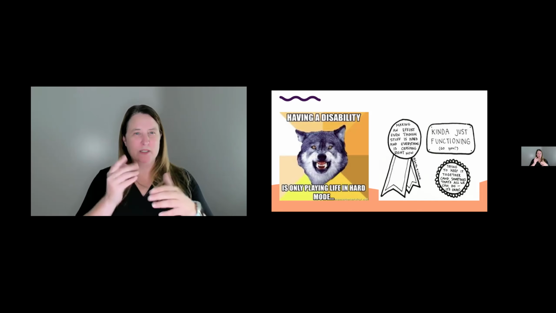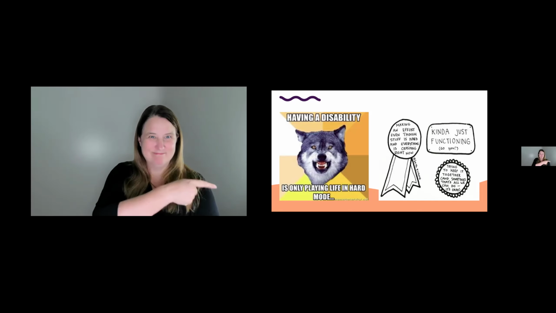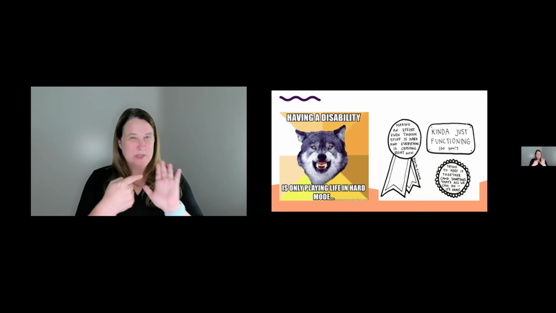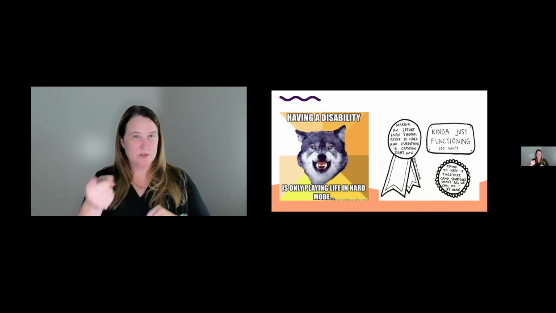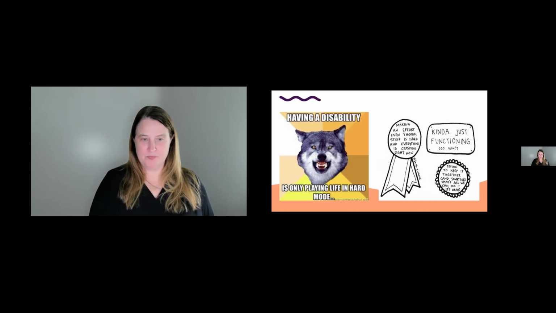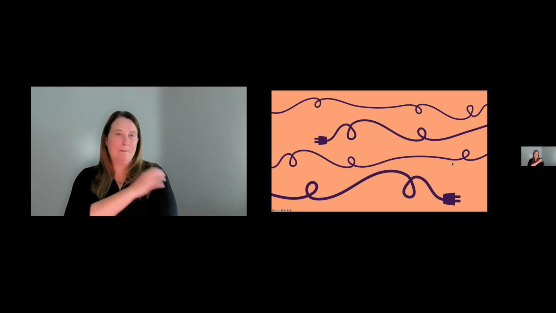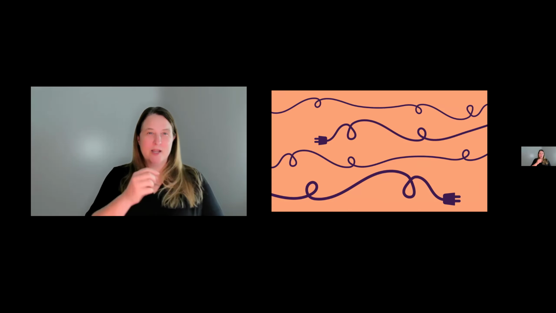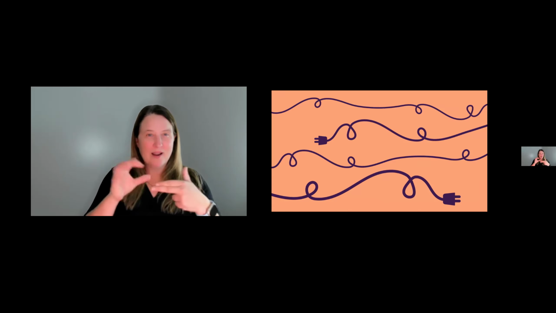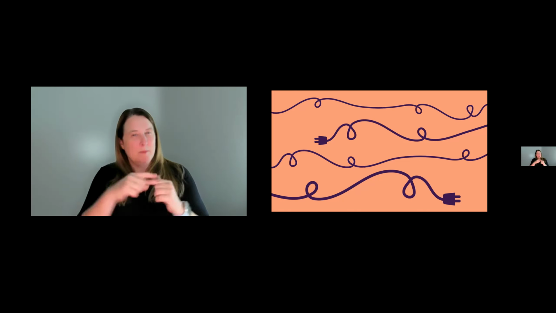So hopefully you can kind of see the difference between an ableism definition that you saw previously, more formal, and then these examples of informal language and kind of the characteristics between the two. So empowerment. I'm using this slide of power chords.